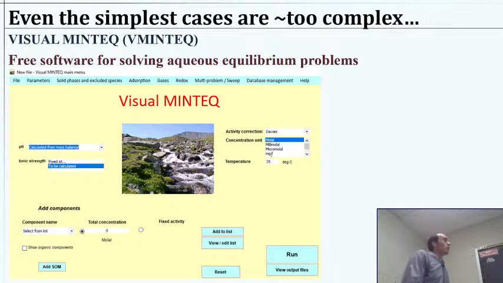All right, so the software that this guy used, hypothetically, is Visual MINTEQ. And this is a free software package. I went ahead and downloaded it this morning. I didn't get far enough to really be able to teach you anything with it, or even decide whether or not we ought to have this as part of that MATLAB computational approach piece of our course.